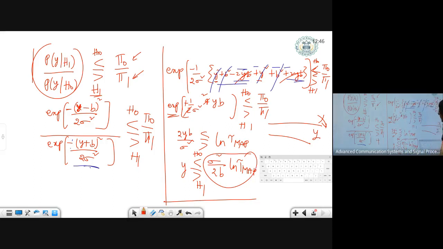If y is less than this threshold, then I'll consider it is h0, that means source symbol s0 has been transmitted. Otherwise, it is h1, source symbol s1 has been transmitted. If you perform a MATLAB simulation relevant to this, you will get a very nice understanding of this particular thing.